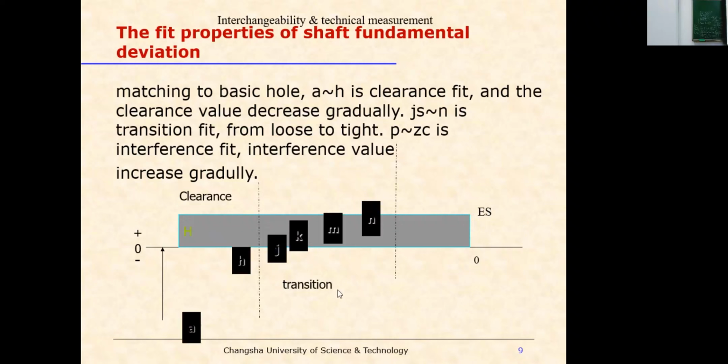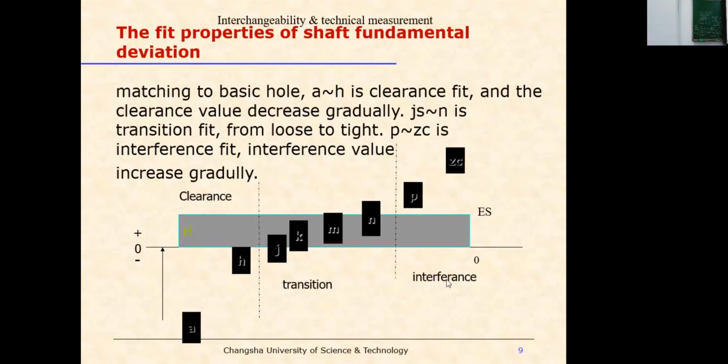This is the transfit. When this is the whole basic, it means that the whole is fixed, and we will vary the shaft, the shaft grade, the values or tolerance, shaft A to H or Z to H. The shaft deviation, right?